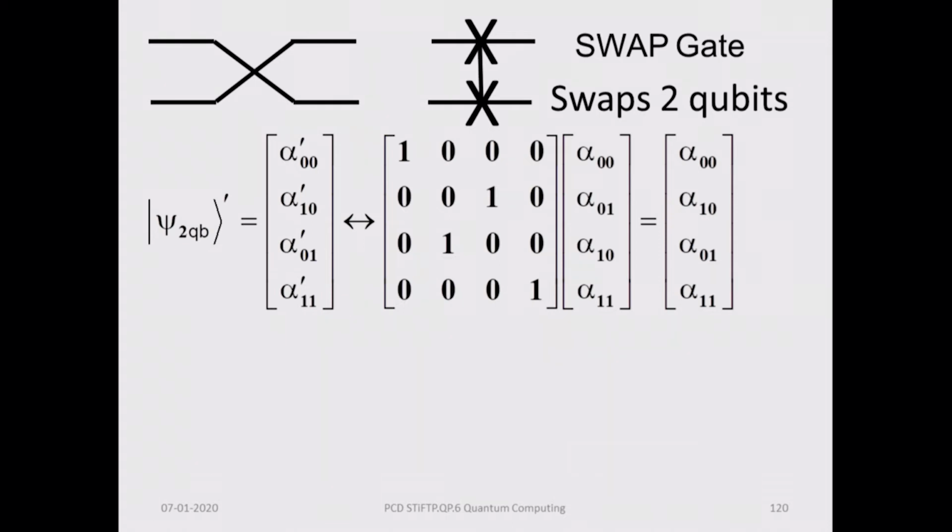Then there are other gates, swap gates, which swap 2 qubits.